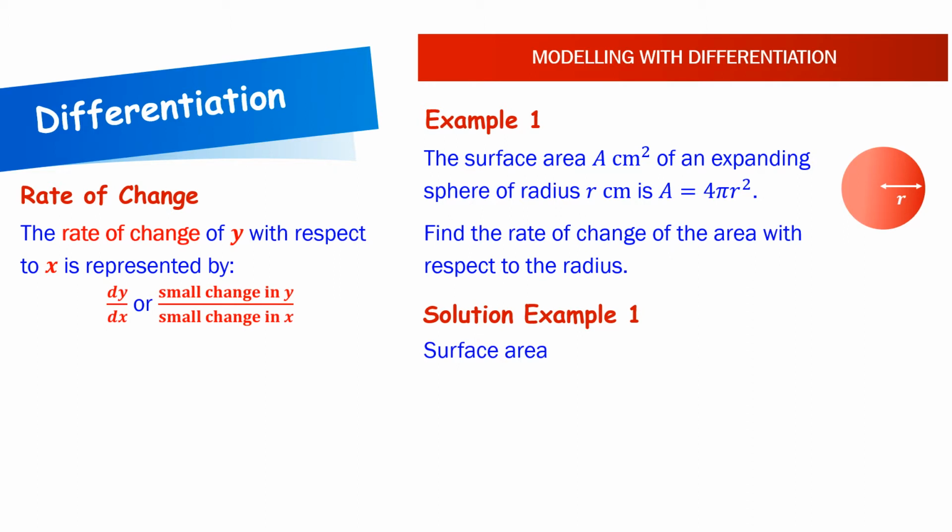Now the surface area A equals 4 pi r squared, as given in the question. Therefore, if we differentiate this with respect to r, we obtain dA/dr equals 8 pi r. And this is the rate of change of the area with respect to the radius.